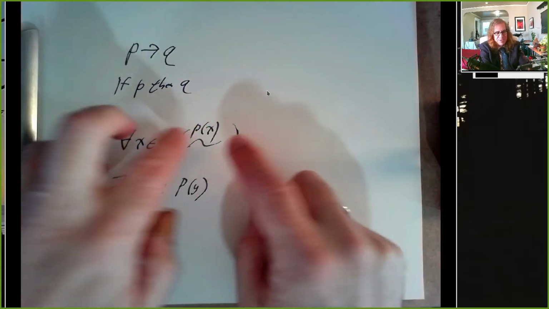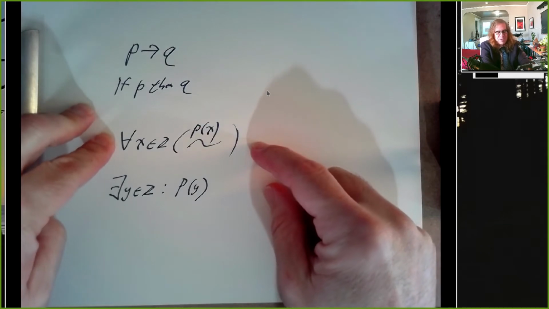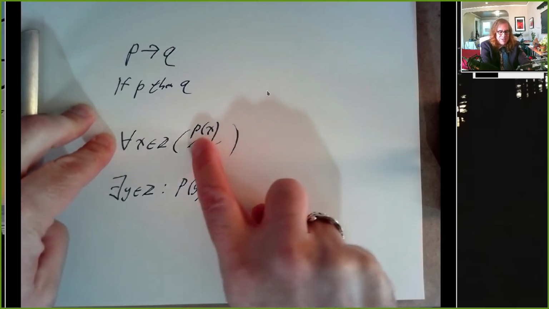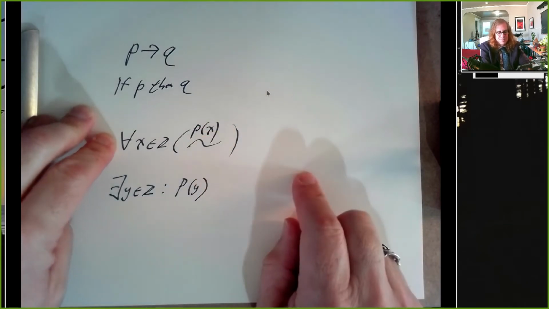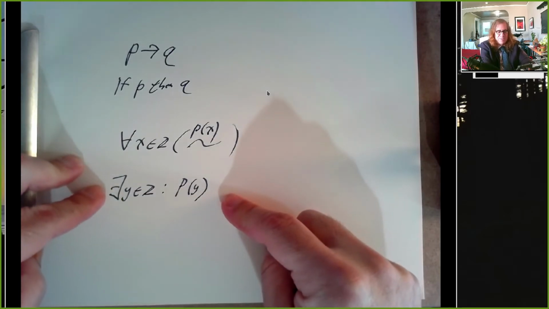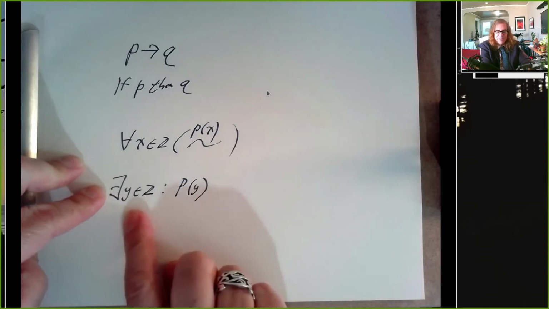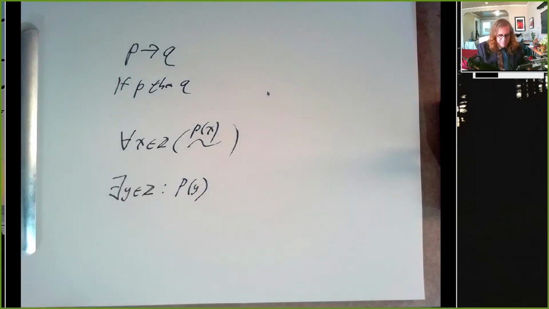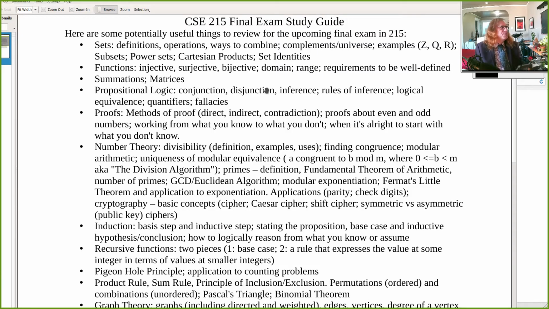P of x is a proposition. This whole thing is a proposition, which says that this proposition is true for all integers. P of y is a proposition. This whole thing is another proposition which says P of y is true for at least one integer. So we're always building new propositions out of old propositions. That's what we do.